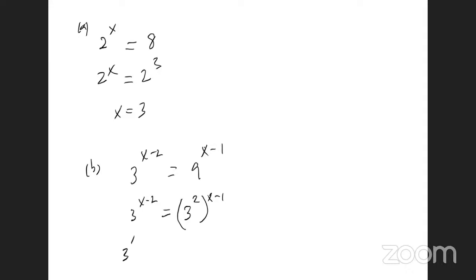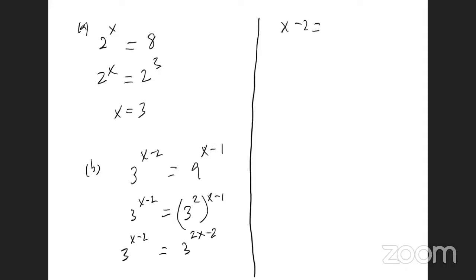So this is 3 to the x minus 2, 3 to the 2x minus 2. And then you compare the powers. x minus 2 is 2x minus 2. So the 2 will cancel. So you'll get x minus 2x is minus 2 plus 2. Minus x is 0, so x is 0. All right? x is 0 for this one.